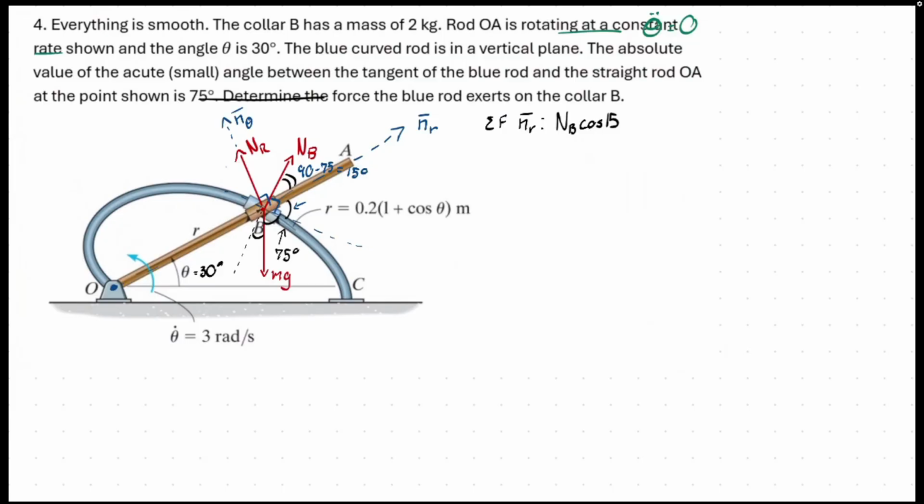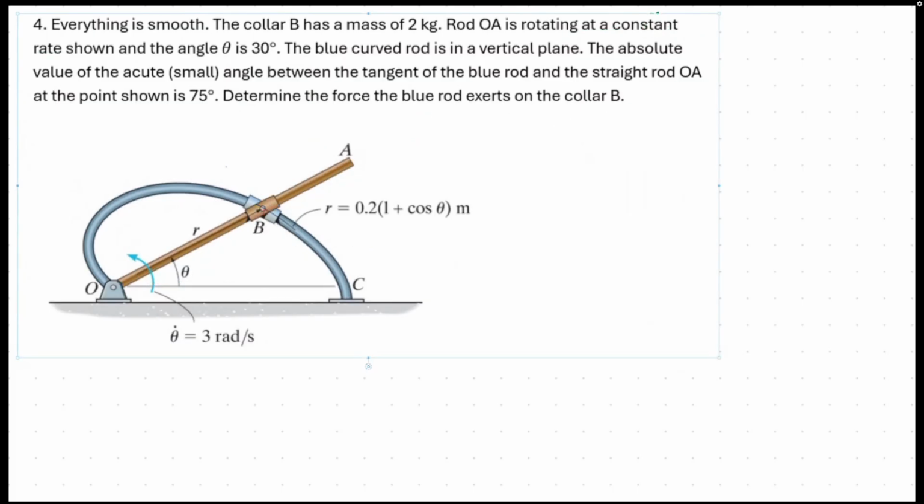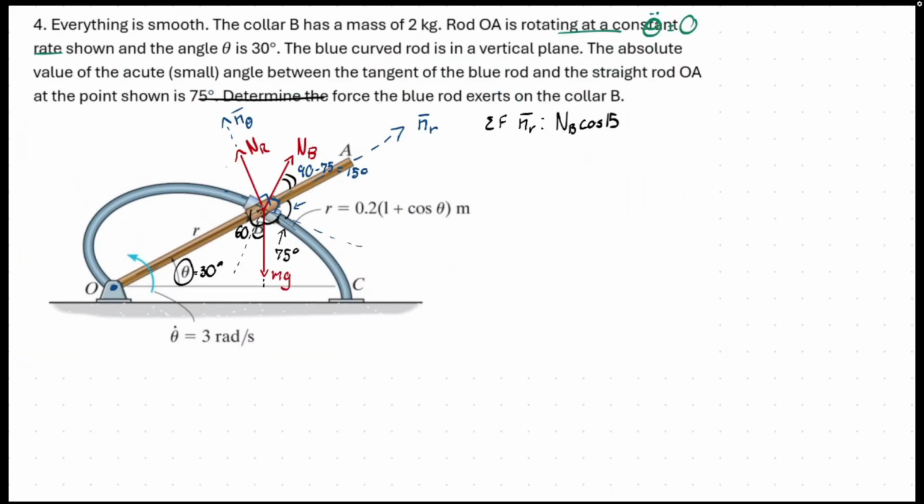If we make this triangle, since this angle is 30, this angle right here is going to be 60, so this larger angle. It's easier than I thought. We're not actually looking at this dotted line, we're looking at this one, because we're talking about the NR direction.